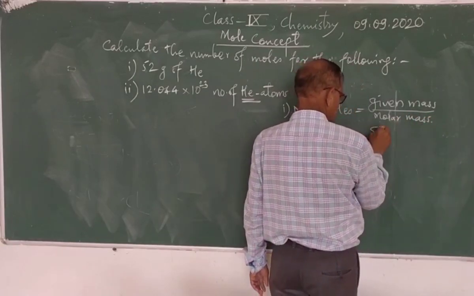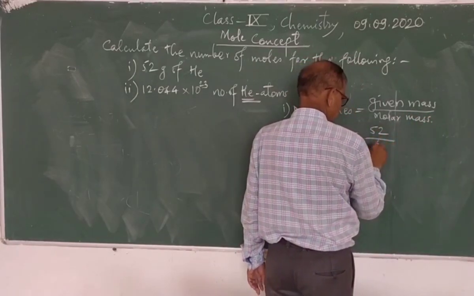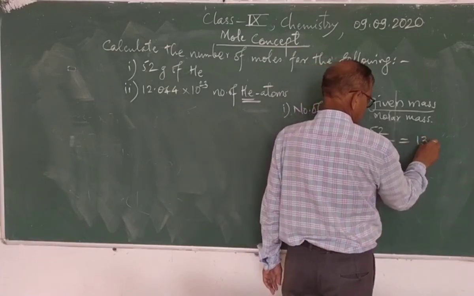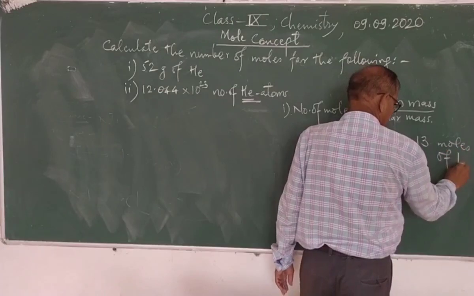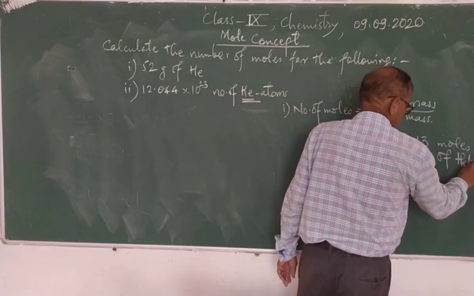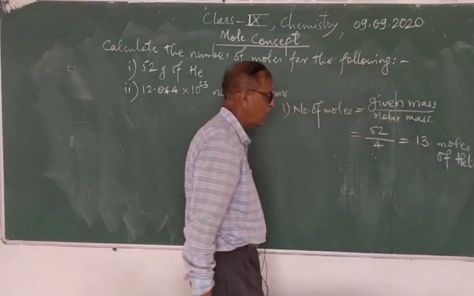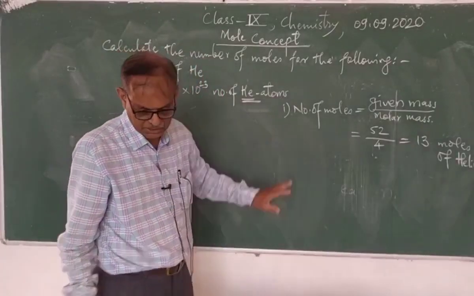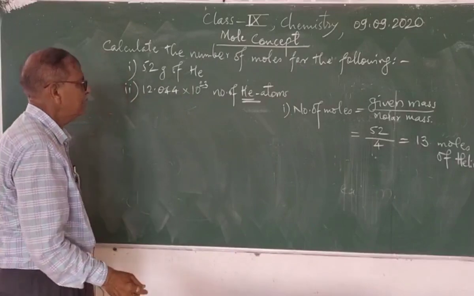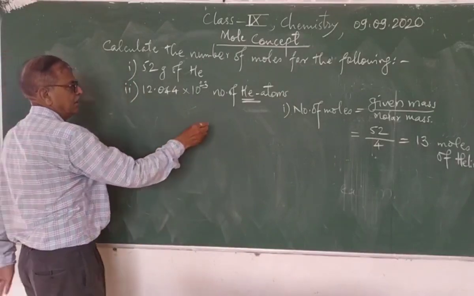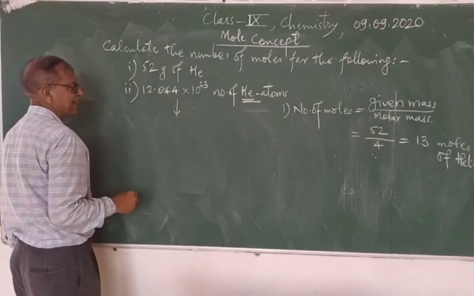Given mass 52, molar mass 4, so it is equal to 13 moles of helium. So first, 13 moles of helium. Then we solve the second part.